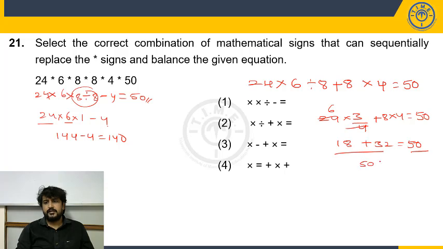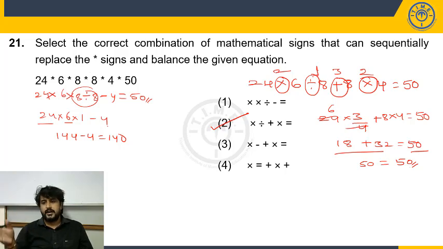Yes, LHS is equal to RHS. So it is perfectly matching by substituting the second option. First preference will be given to division and then to multiplication, these two. Then the third preference is given to addition. BODMAS: brackets, of, division, multiplication, addition and subtraction. So choice 2.